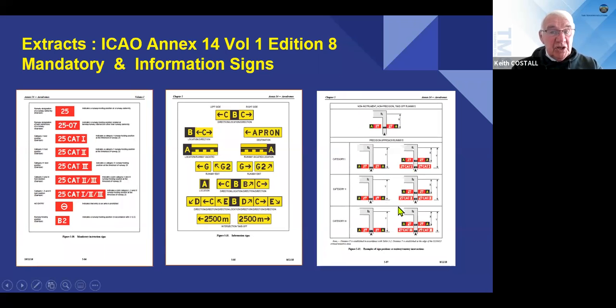Then we get category 2, and then category 3. So category 1 is down to 550 meters RVR. Category 2 is from 550 meters down to 300 meters RVR visibility, and below 300 meters RVR visibility, it's category 3. And there are 3 levels of category 3.